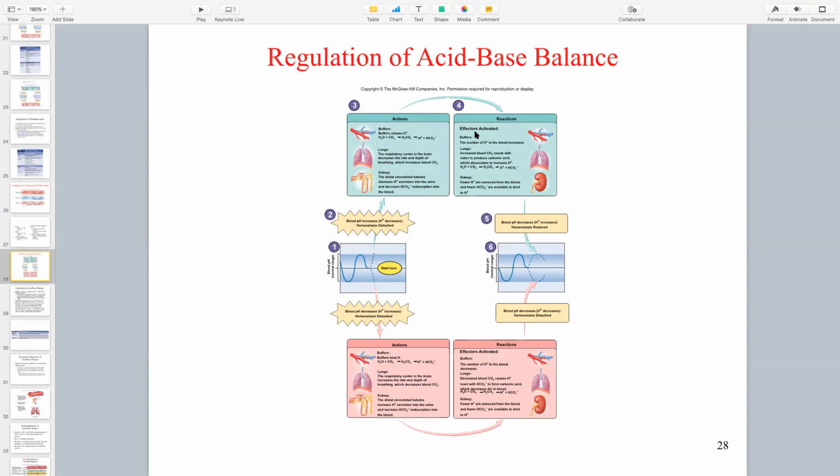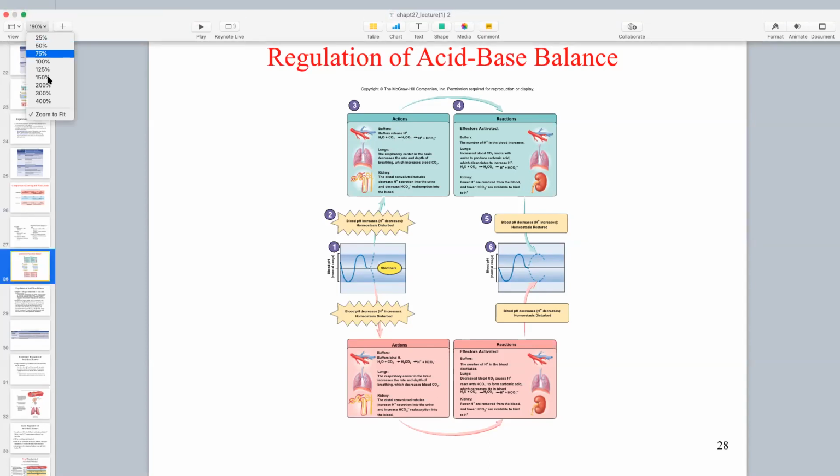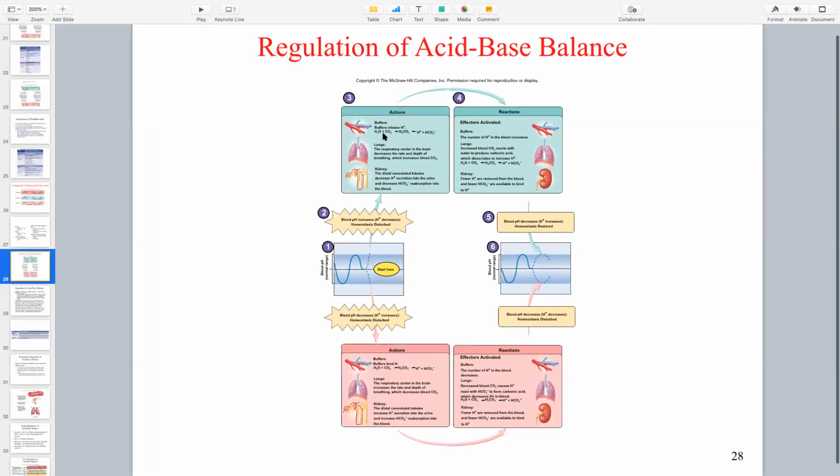Right. So what happens is here, carbon dioxide, water, right here. Again, the more carbon dioxide, the more you push that reaction to form carbonic acid. Let me see if I can make it better. All right, so more carbon dioxide, the more reactant, the more I push to the right, more hydrogen is produced.